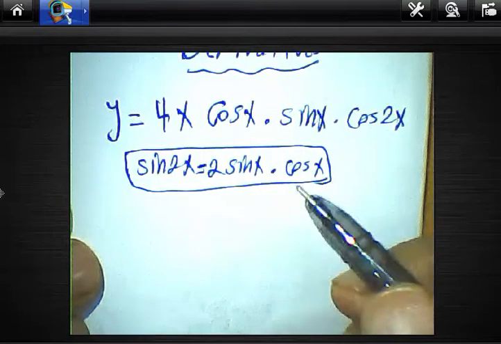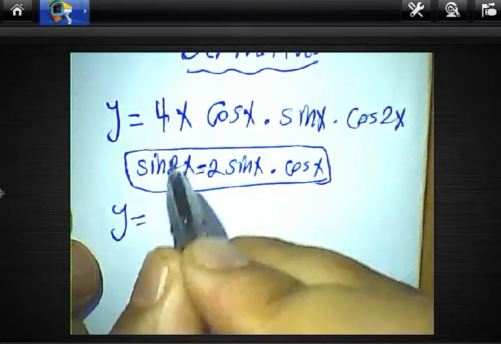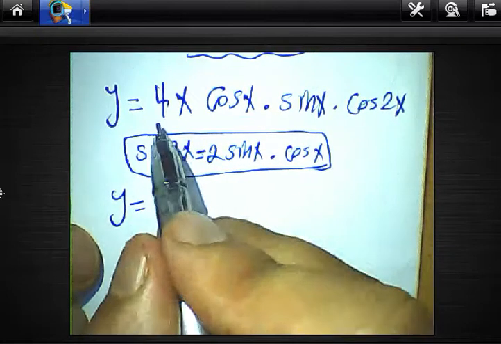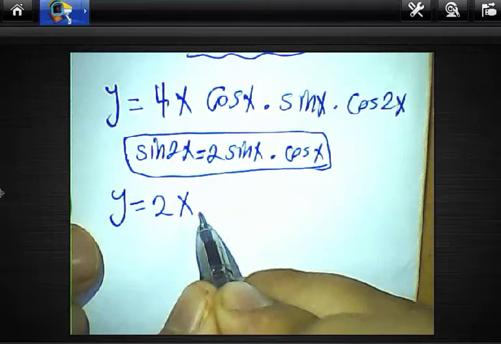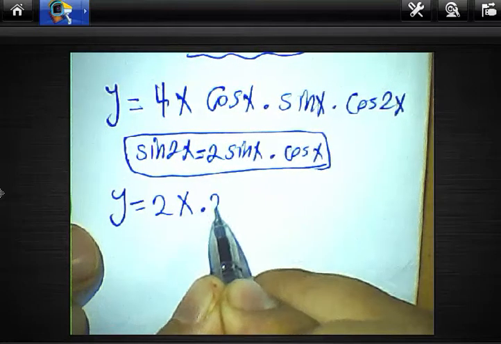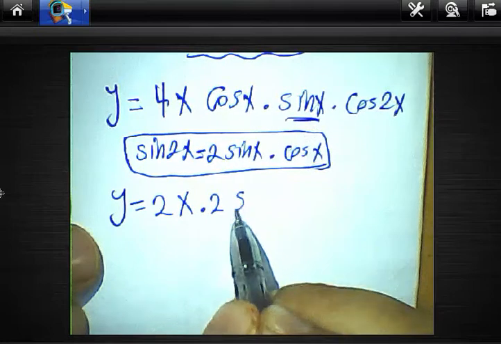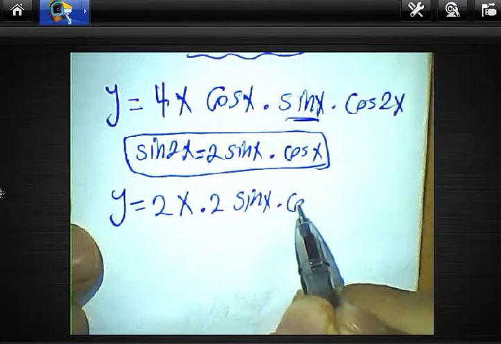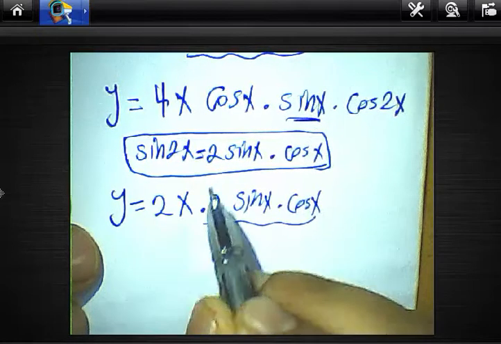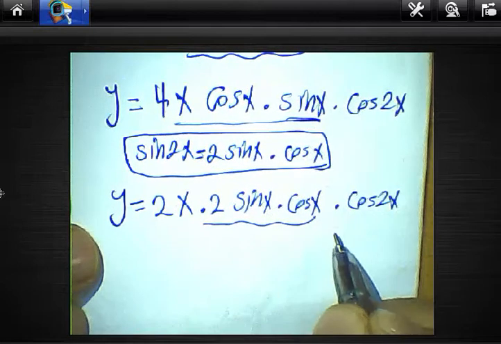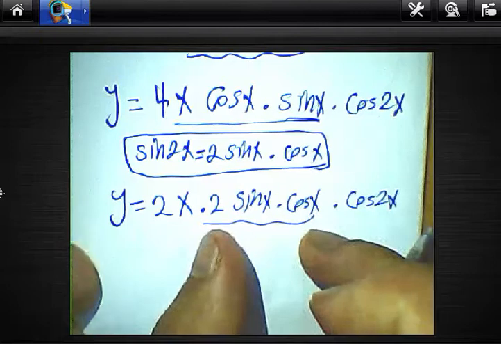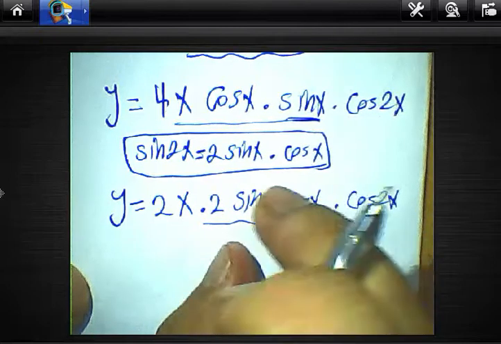Okay, in this example, we can find the result. Who can solve it? We know y equal, we can factorize 4 by 2 multiply 2. 2x multiply by 2 sine x cosine x. Okay, so was expression, and we can write cosine 2x here, and then we can cancel 2 sine x cosine x. It will be sine 2x.